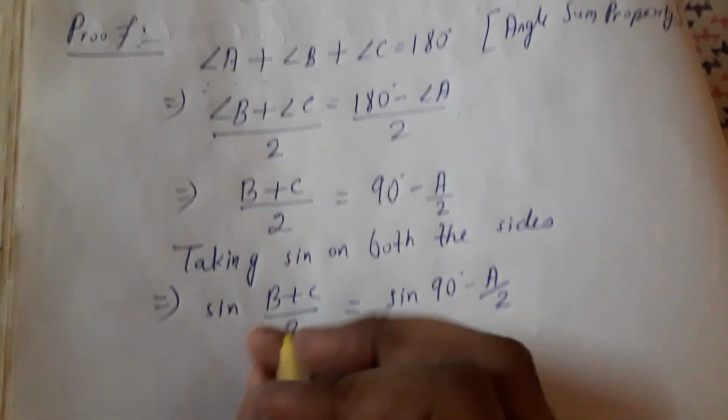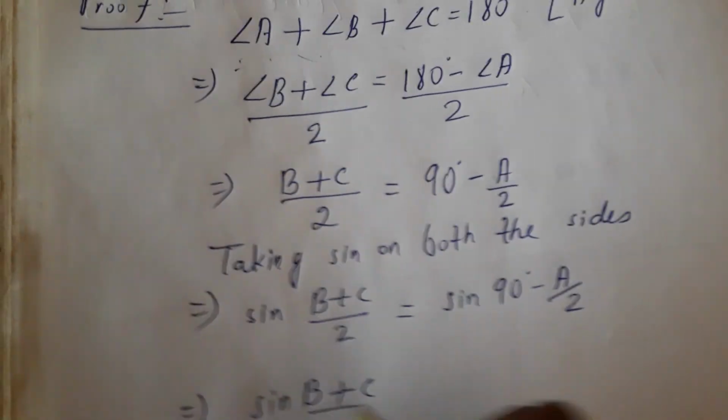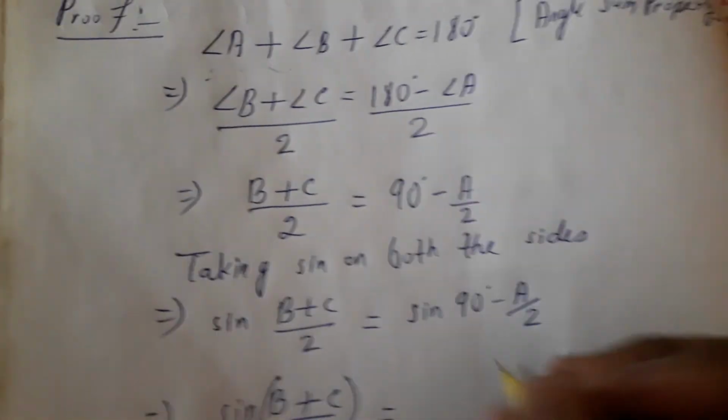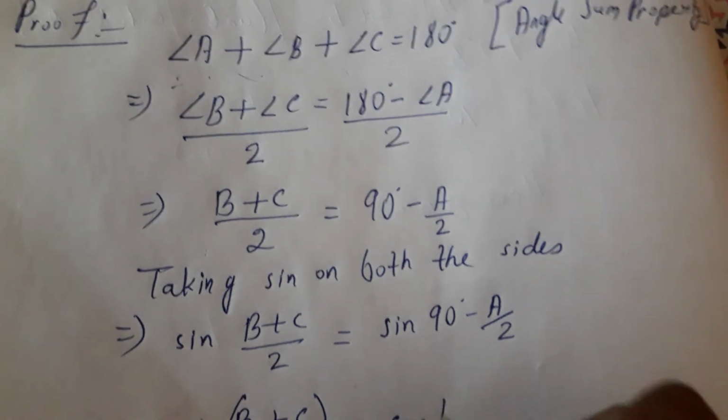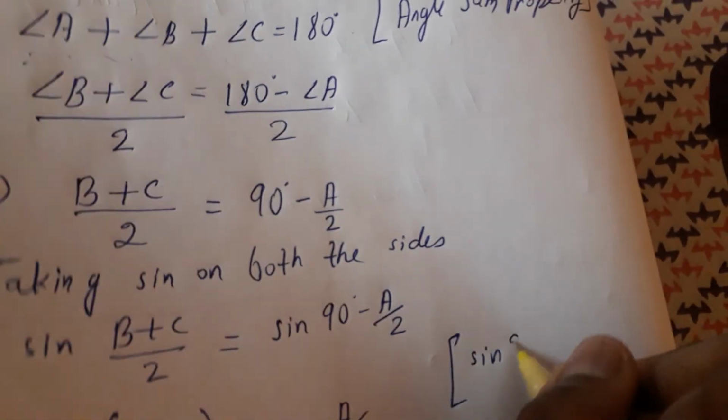Now see students, we know that sine (90 minus theta) is cos theta. So sine of (B plus C) by 2 is equal to cos A by 2. And you have to write the reason here, that is sine (90 degrees minus theta) is cos theta. You have to write the reason, otherwise we will not get marks.